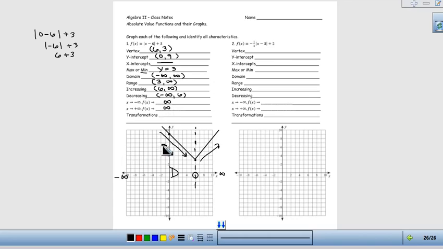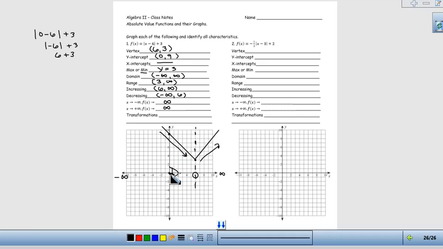Transformations. What has this graph done to move from its original parent function to where it is now? If you pay attention to your vertex, you'll know your movement.